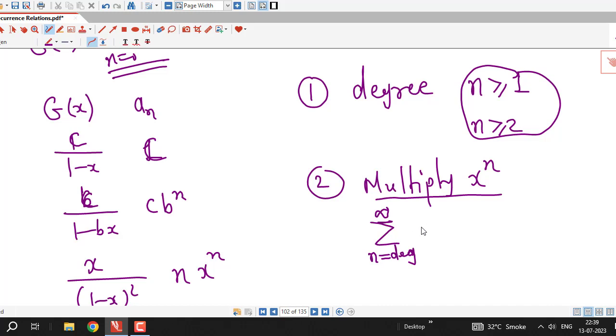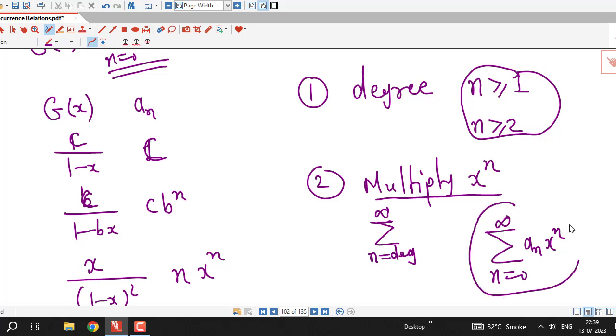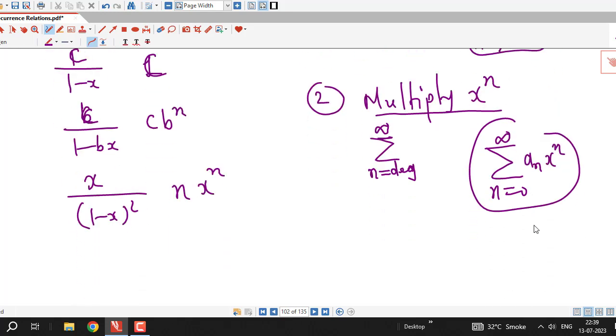Now, once you write down all those terms in terms of sigma notation, you have to convert all those summations in this form: a_n into x raised to n, n equal to 0 to infinity. So once you convert your summations in this form, you can replace this quantity by the generating function, that is G(x).